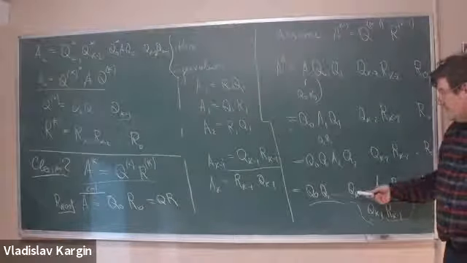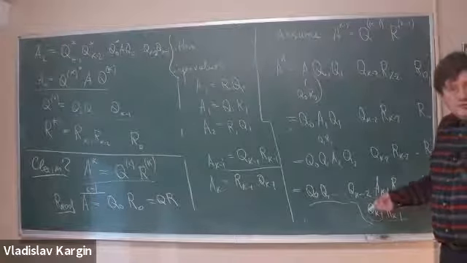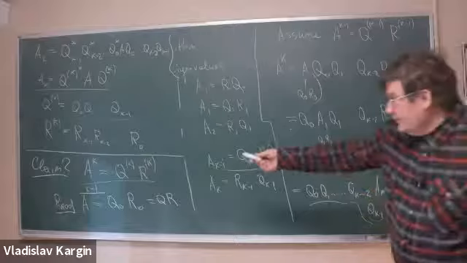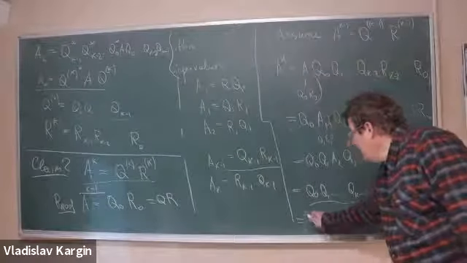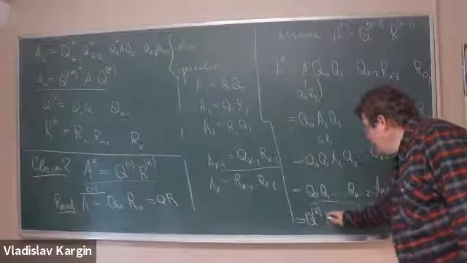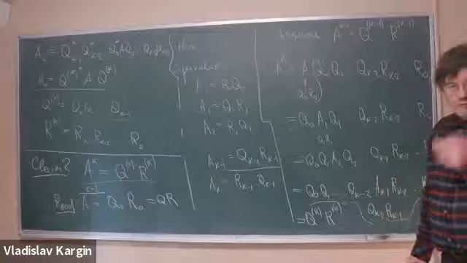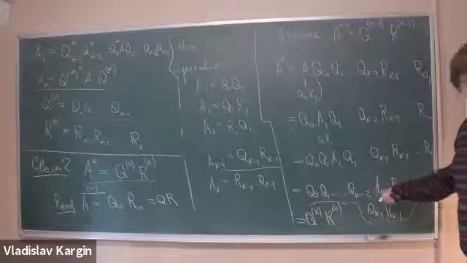So this is by definition equal to Q_k R_k. And so this is the proof of this statement.